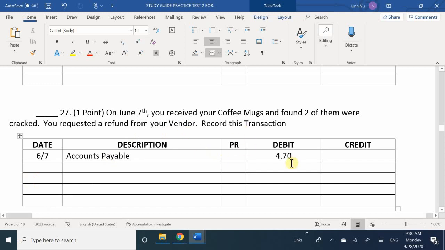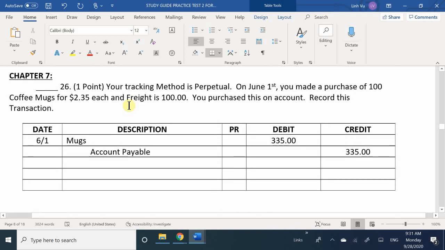Now, what account are we going to actually be crediting out of? Inventory. Good, which we already established as our mugs. Because when we made our purchases of the inventory, where did we place them? Right, inventory.